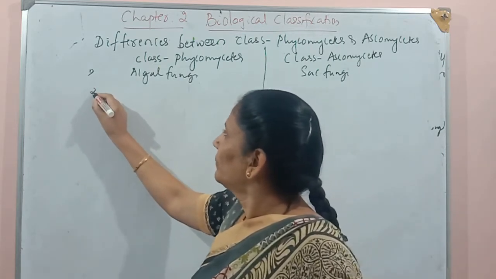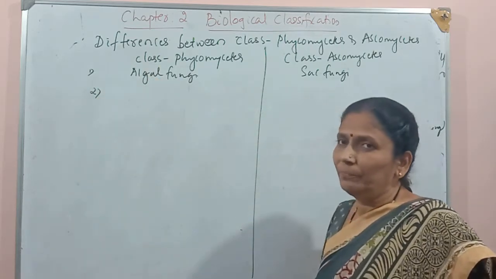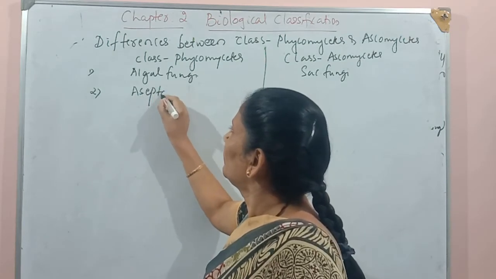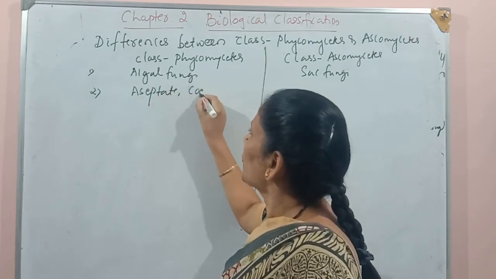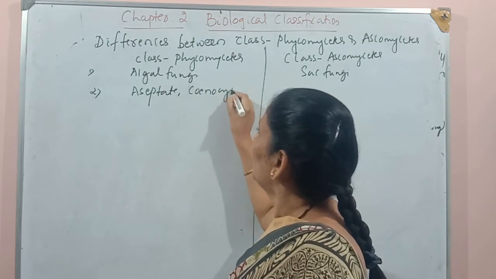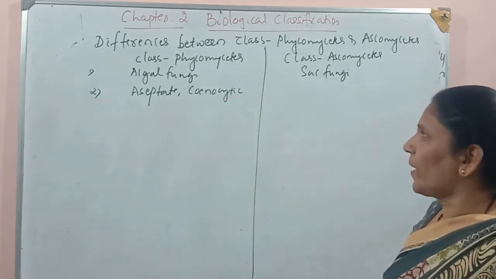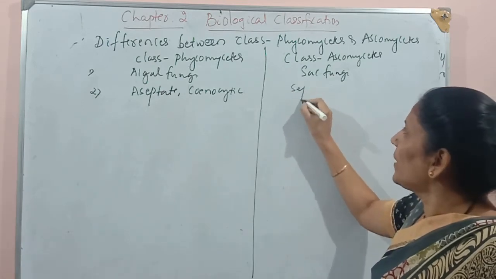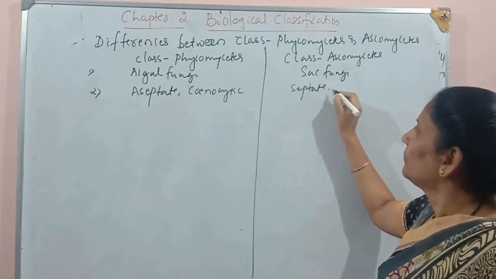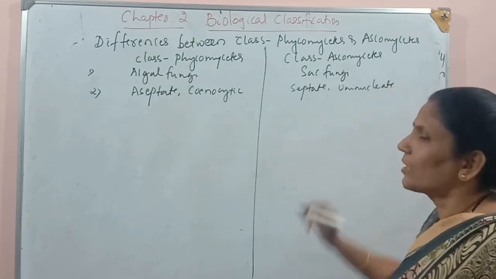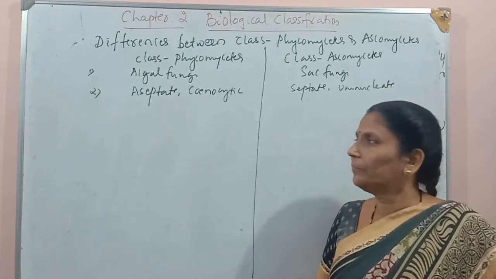Next character. In Phycomycetes the mycelium is aseptate, coenocytic or multinucleate, whereas in Ascomycetes the mycelium is septate and uninucleate.